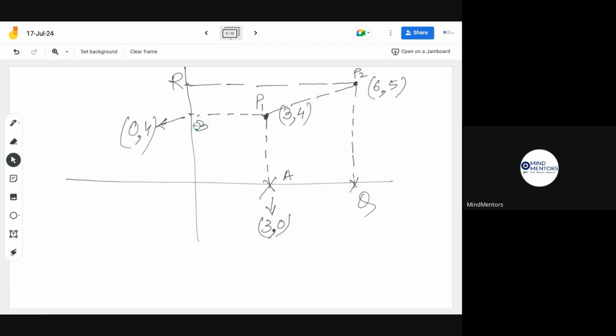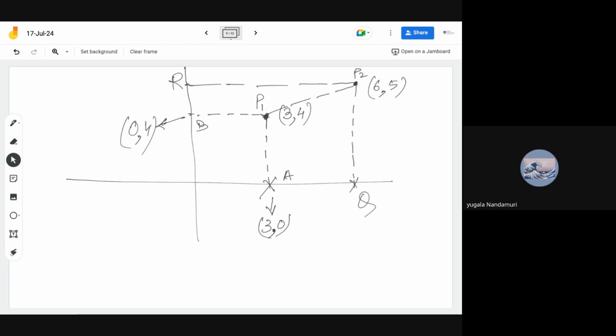So what is the length of AQ, do you think? What is the length of AQ? Yugala, Aaron, Ansh?